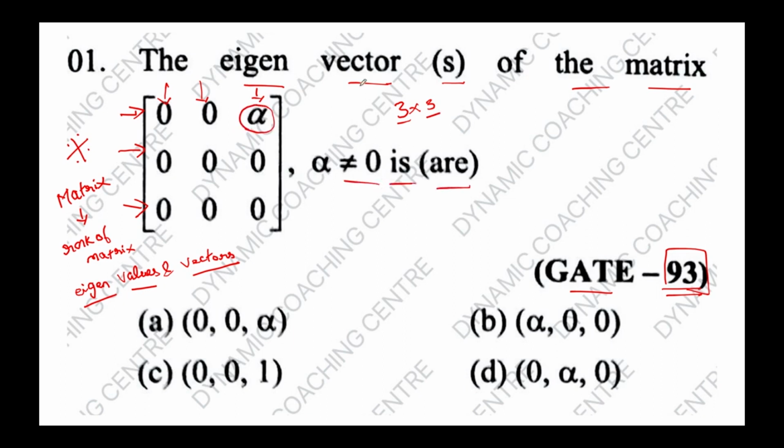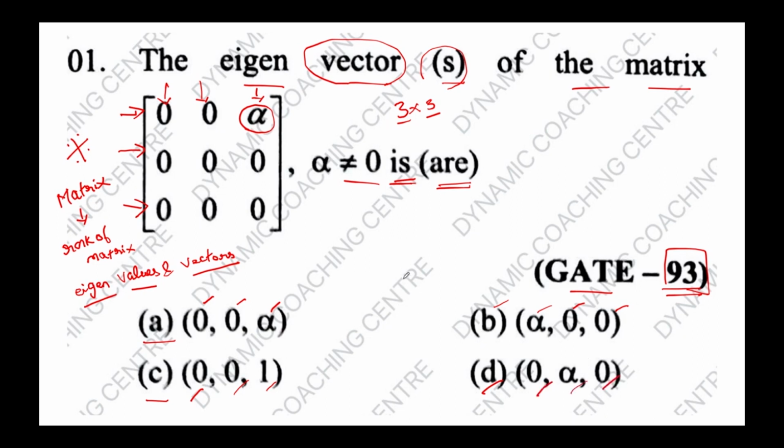Option A is 0, 0, alpha. Option B is alpha, 0, 0. Option C is 0, 0, 1, and option D is 0, alpha, 0.